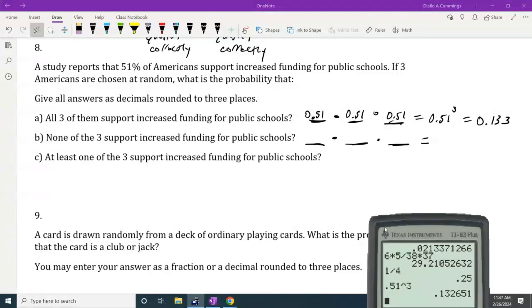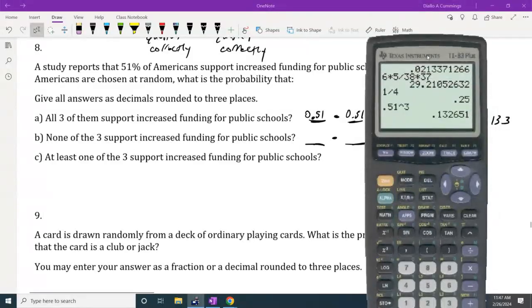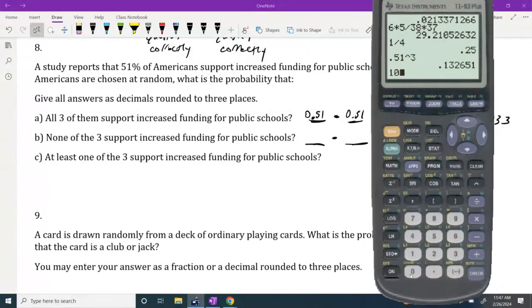Because 100% would be all Americans. So if we subtract 51, we get 49, right? So that 49%, and again, this is percent, so I'm going to move that decimal. So there's 49% who don't support it.